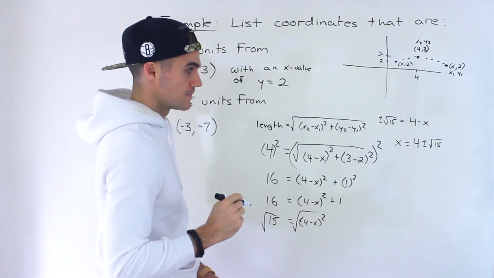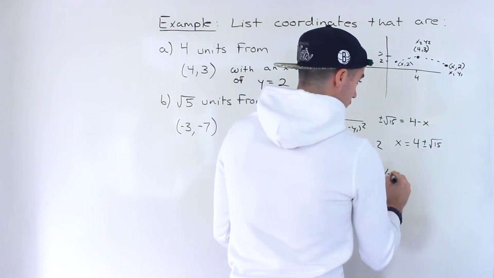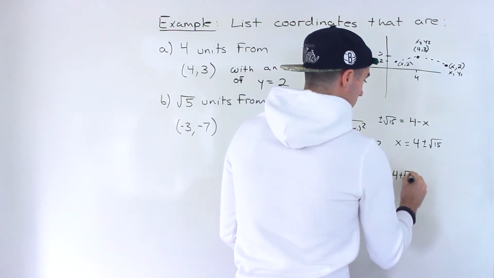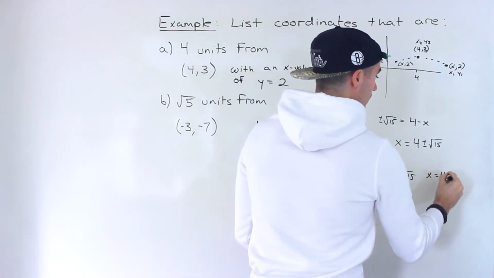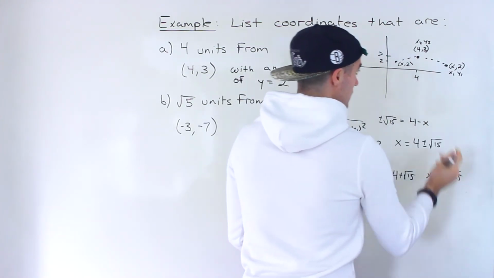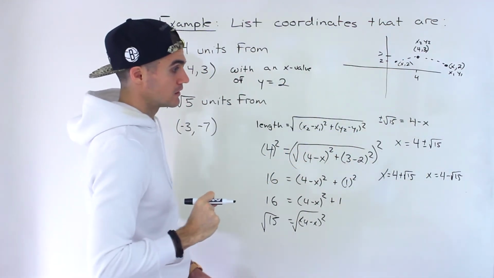4 plus or minus root 15. Okay, so the two x values that we get is either 4 plus root 15, which is going to be this point, or we're going to end up with 4 minus root 15, which is going to be the smaller x value, which is going to be that point on the left.